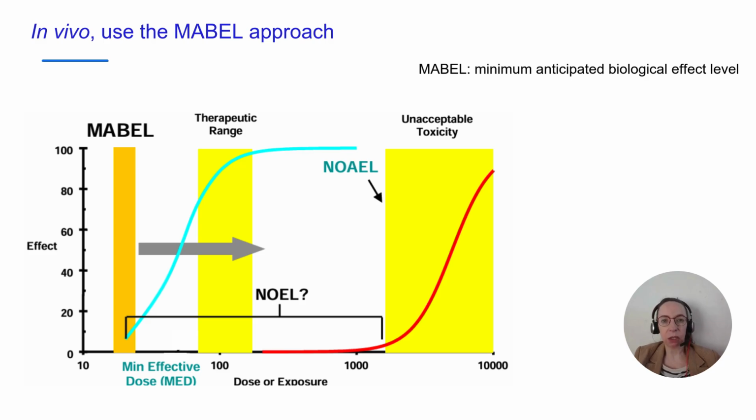You can see the blue line representing the efficacious effect and the red or orange line representing the tox effect. Instead of looking at the tox effect first, you may want to consider first the blue line, so the therapeutic effect, and start with the lowest concentration, which gives you just a little bit of efficacy.